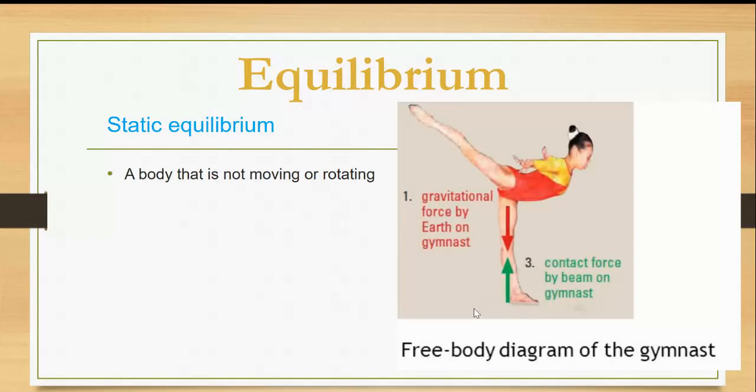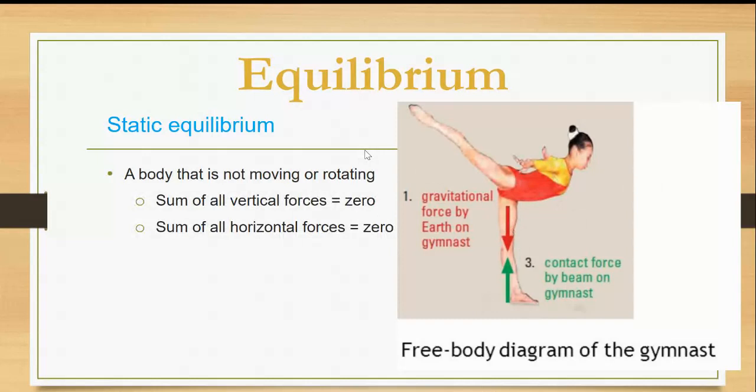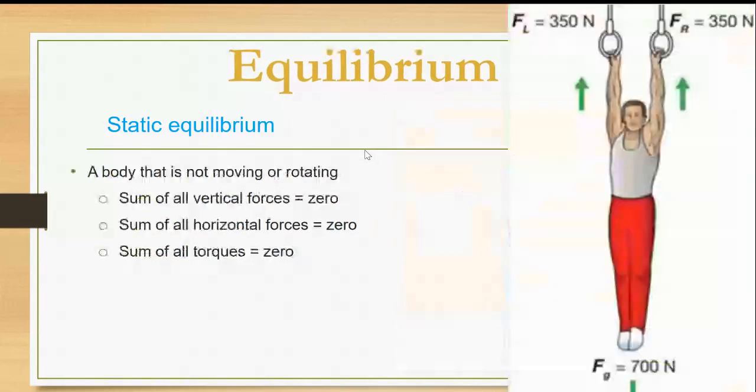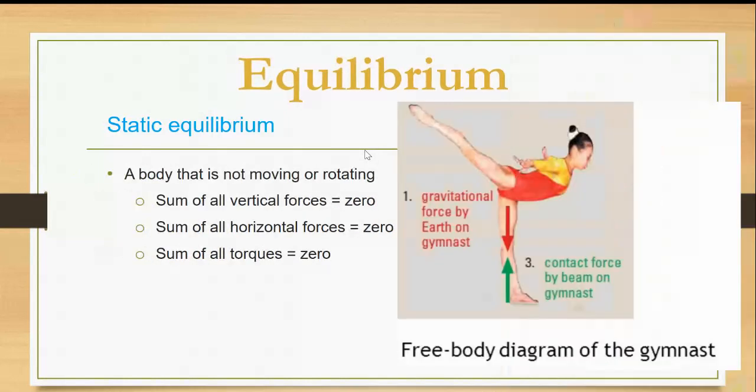So they are zero. Those forces are balanced. Okay, likewise, her horizontal forces are also balanced. So the sum of all of her vertical forces are zero. They are balanced. The sum of the horizontal forces are zero. There's not one that's bigger than the other. Okay, so the sum of all of her torques, zero. So therefore, she's in static equilibrium.